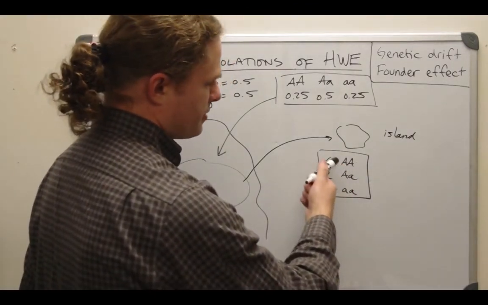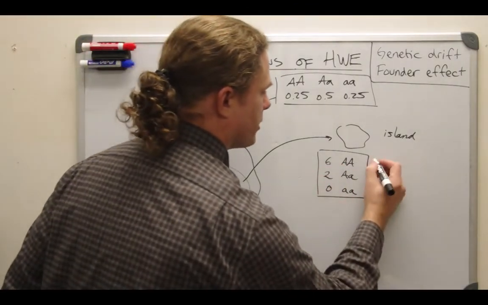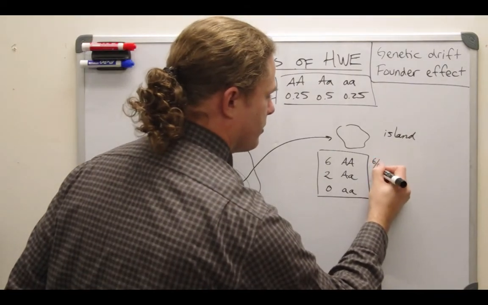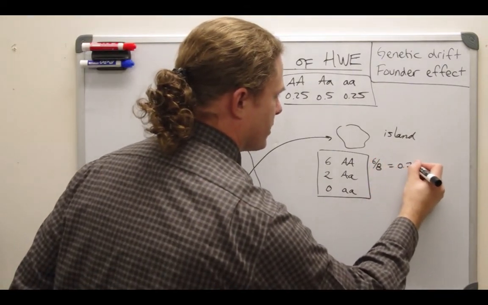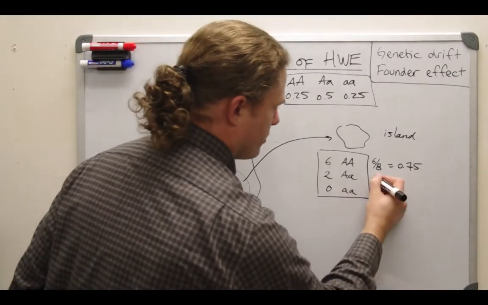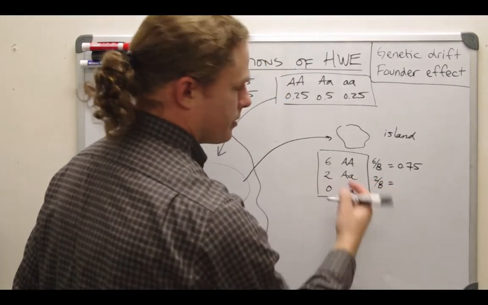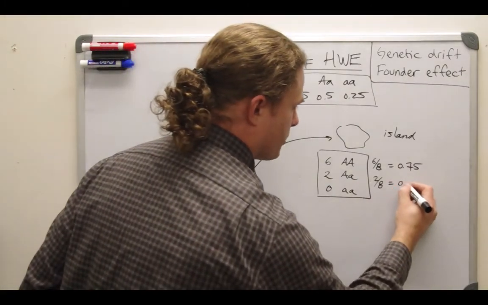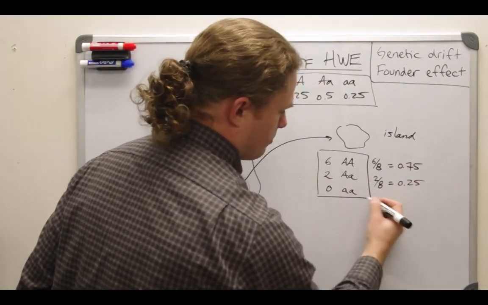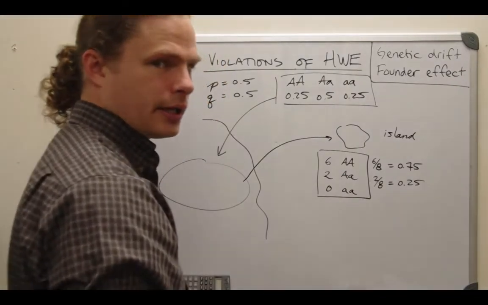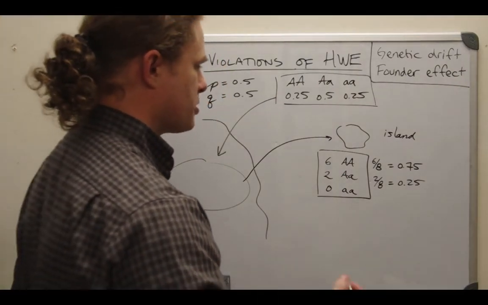So now we have 6 out of 8 that are big A, which is 0.75, and we have 2 out of 8 that are the heterozygous class, so that's 0.25, and then again no little a individuals in this population.